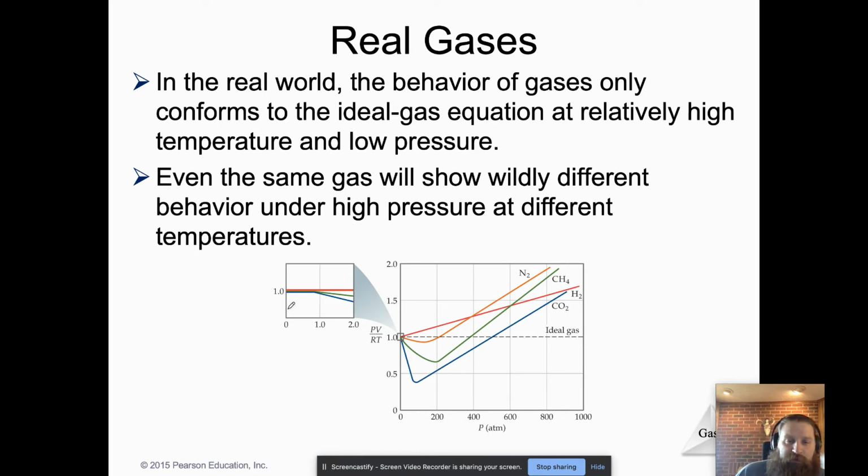You can see in this little inset here, your pressure can't even get up to 1 atmosphere, and your PV over RT value has to be at 1. Here is where gases behave ideally. Outside of that, they start to deviate pretty rapidly. CO2 especially, right? It's way down here, deviates pretty quick. For an ideal gas, the normal behavior is this dotted line. So the further the lines are away from the dotted line, the greater the deviation.